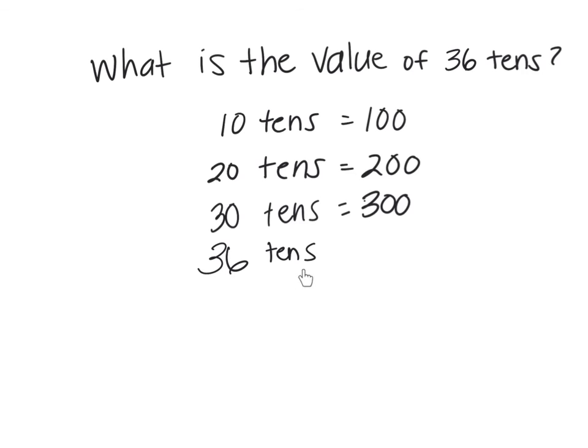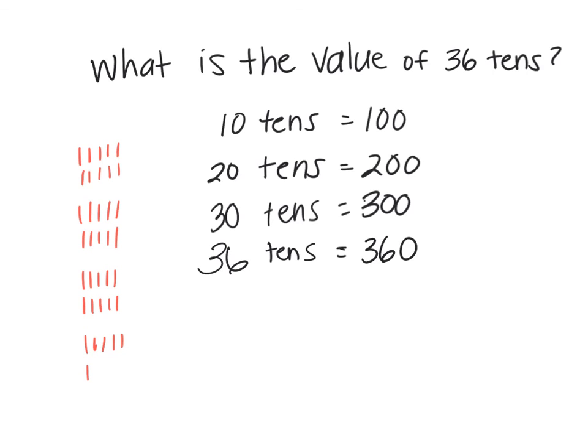If I were to draw this out, I would have 36 10 sticks. So let's see. I'd have 10, 20, 30, and then 6. Okay, if I were to count these by tens, that would be 10 tens is 100, 200, 300, 310, 320, 330, 340, 350, 360. Okay.